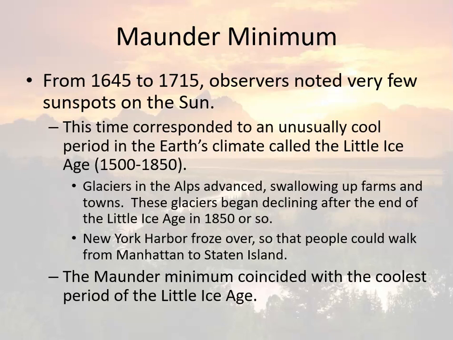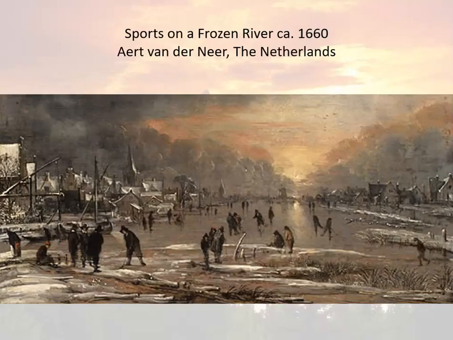And right smack in the middle of that was a period of sustained lack of solar activity known as the Maunder minimum, where there were almost no sunspots for a period of about 70 years. Rivers that don't typically freeze froze over, and this was just a very cold period as far as the climate goes.